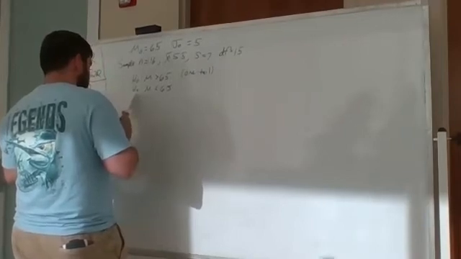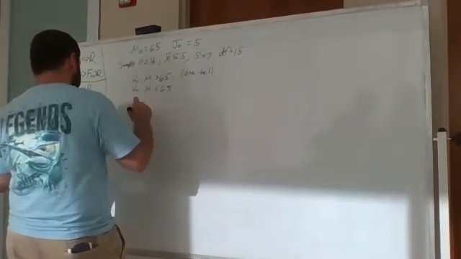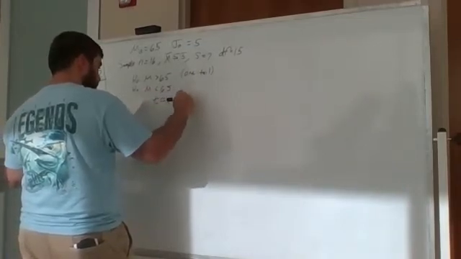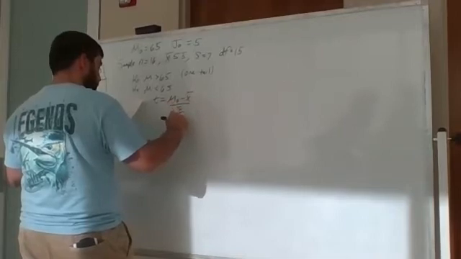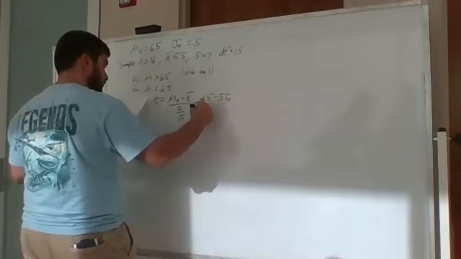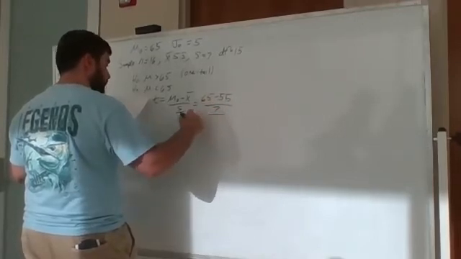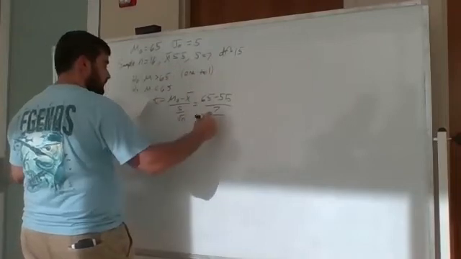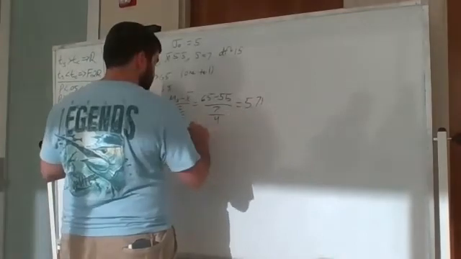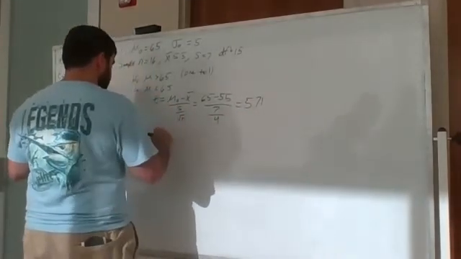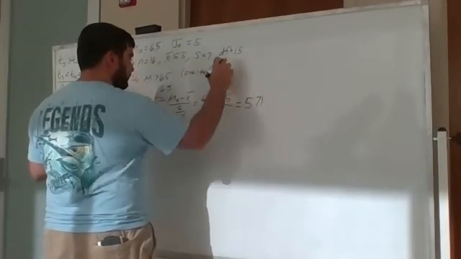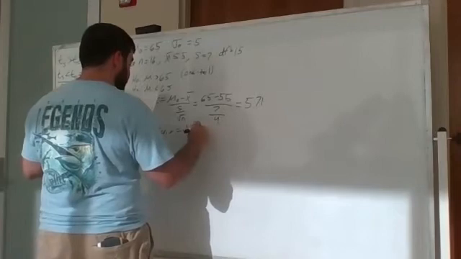And so we're just gonna do the t-stat just like we've been doing it. So 65 minus 55 over 7 over square root of 16, which is just 4. And then you get 5.71, and then a t-crit with alpha 0.05 and the degrees of freedom of 15, you get 1.753.